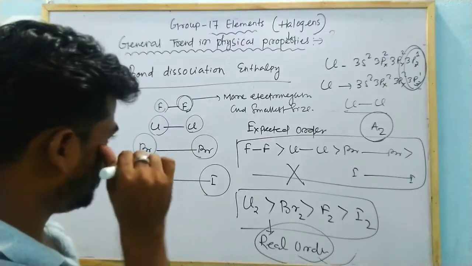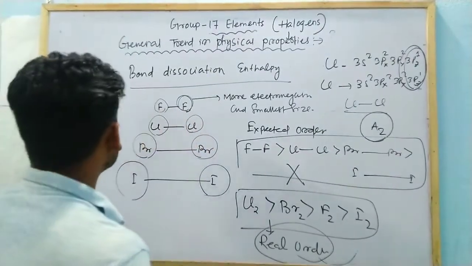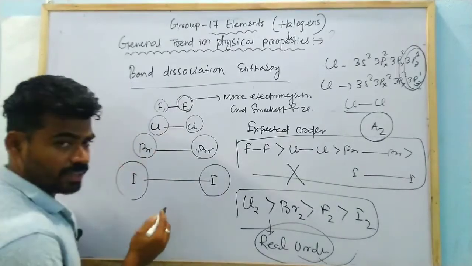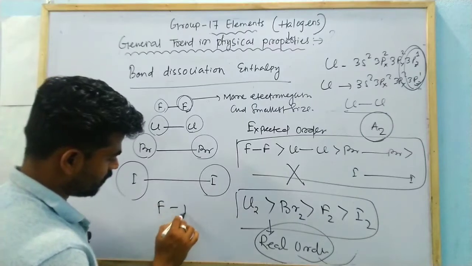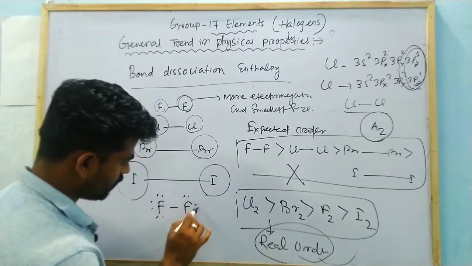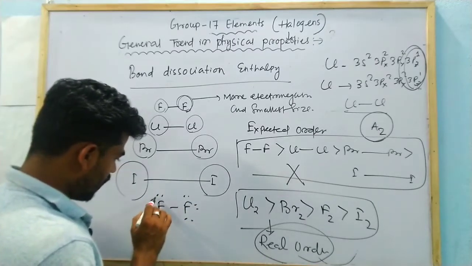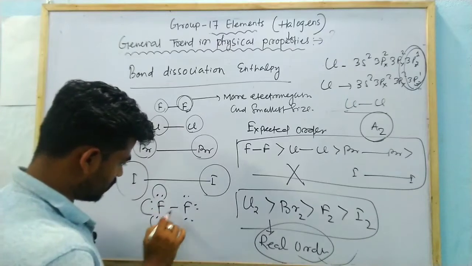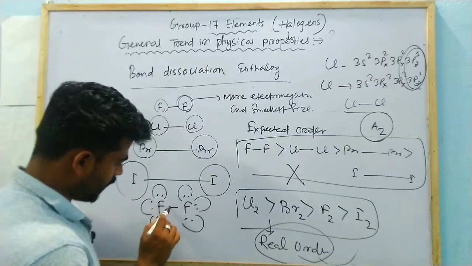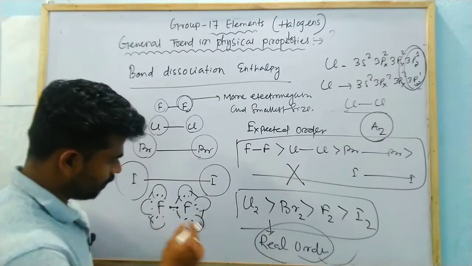Why? Because after the formation of a diatomic molecule, let's say fluorine, each halogen atom has 3 lone pairs of non-bonded electrons. Since the size of fluorine is very small, the lone pairs and the bond pair try to repel each other.